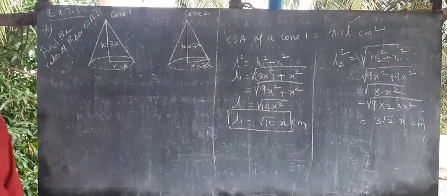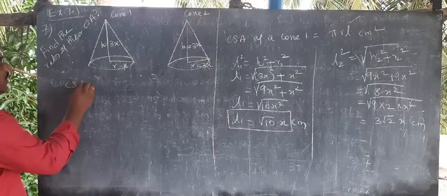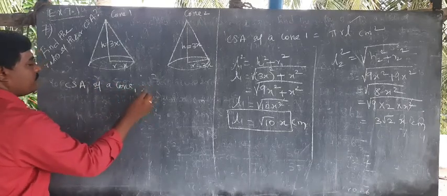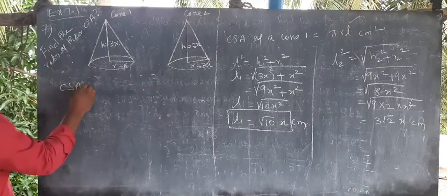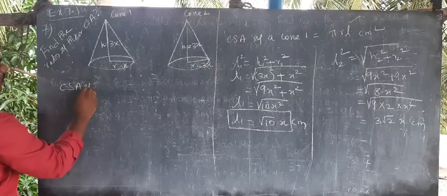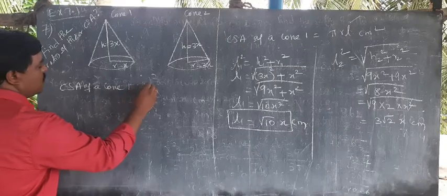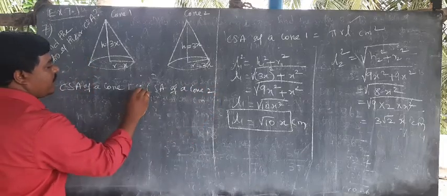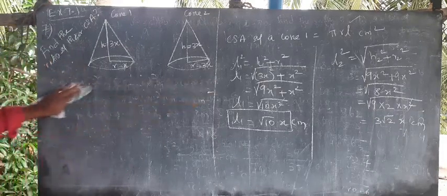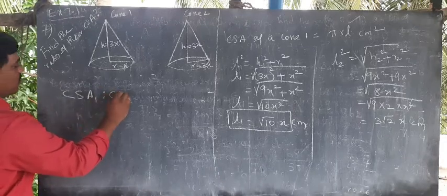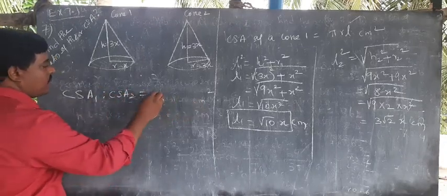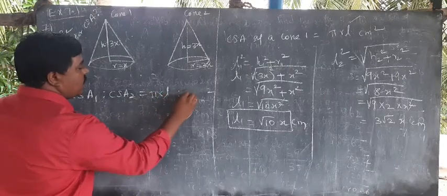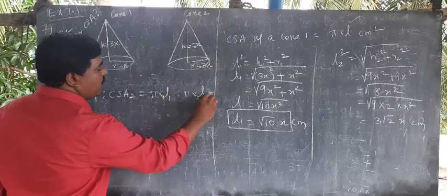Then we have to find the ratio of their curved surface areas. So ratio means curved surface area of cone 1 is to curved surface area of cone 2, we need to find, right? So pi r L: pi R1 L1 ratio pi R2 L2.